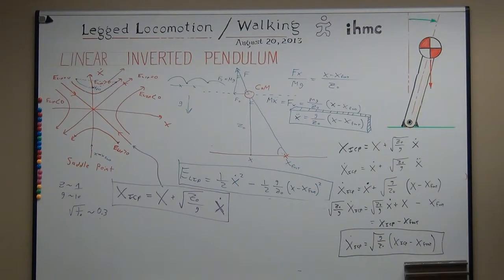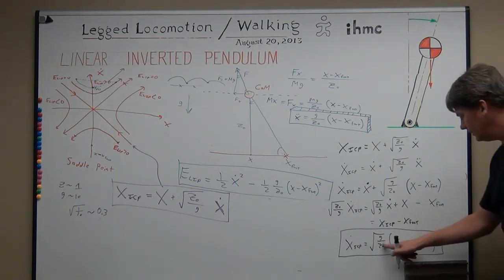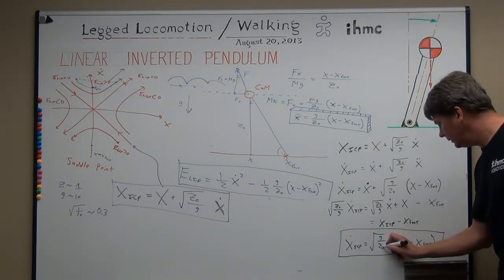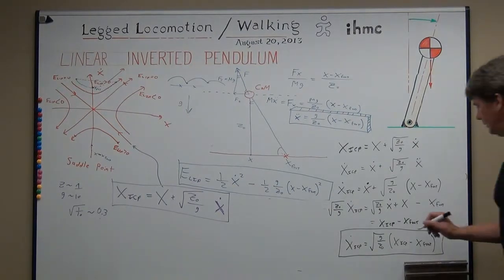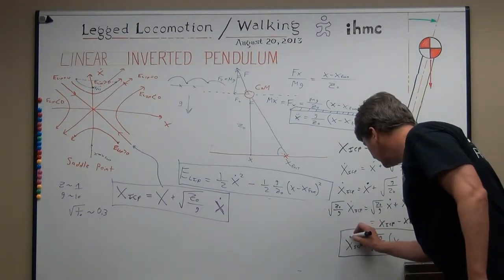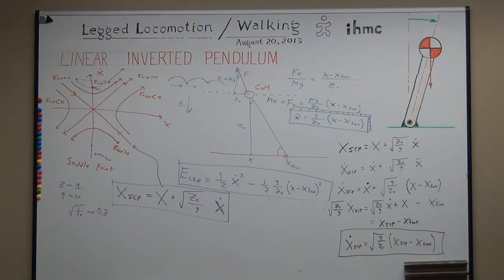So just copying that, we have the square root of z naught over g times x dot ICP equals x ICP minus x foot.